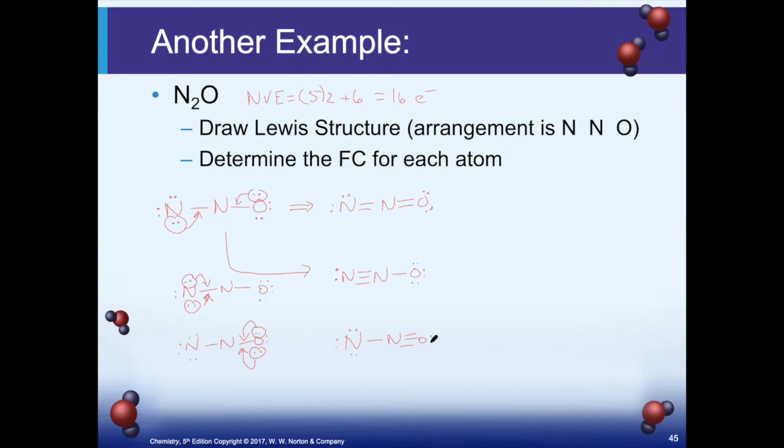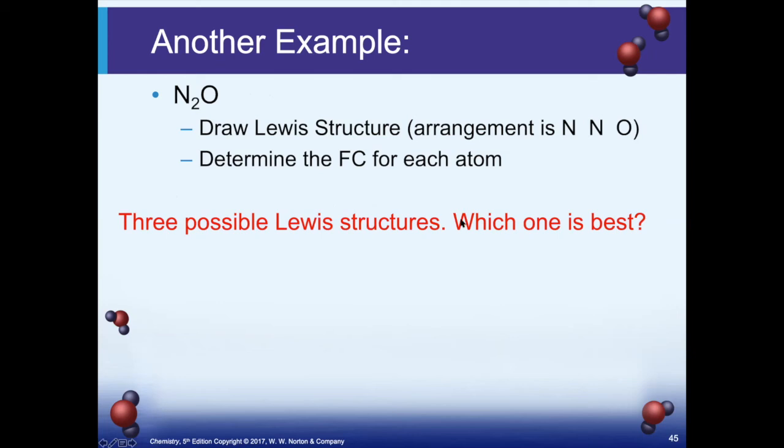And it still has one lone pair on it. Now if I wanted to calculate formal charge, you could do that for these three different Lewis structures. I could calculate the formal charge on each one of these nitrogens and the oxygen. And so I'm going to let PowerPoint take over from there. So I'll erase all that.